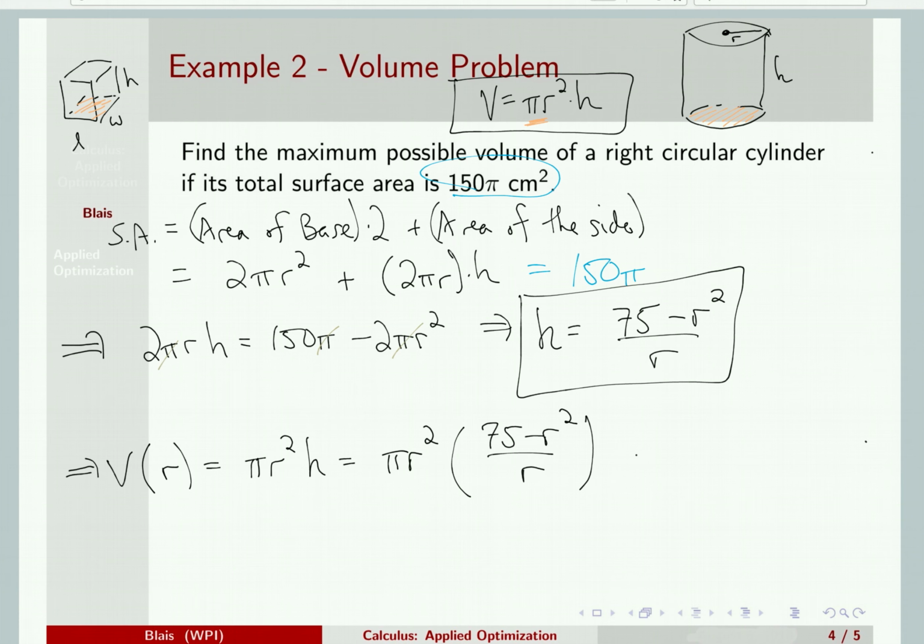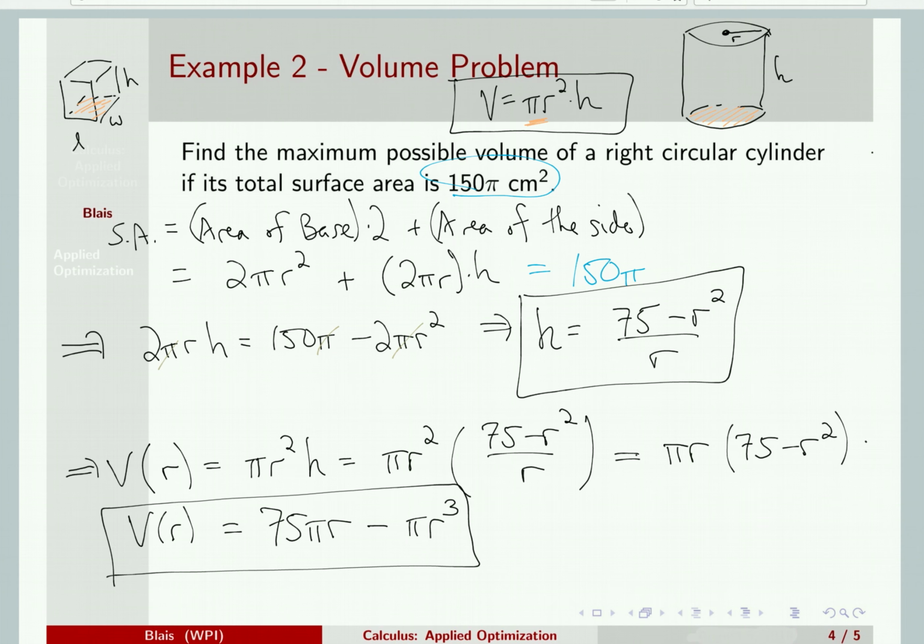One of the r terms cancels. So we get pi r times the quantity 75 minus r squared. Multiplying through, we get 75 pi r minus pi r cubed. And so this is our objective function.